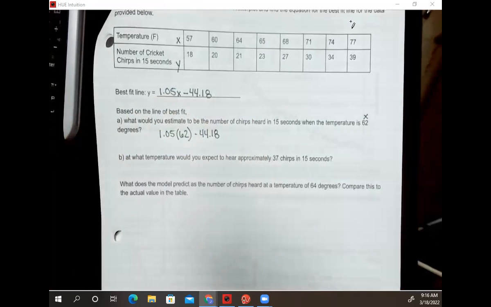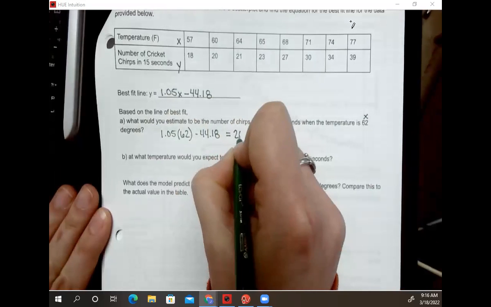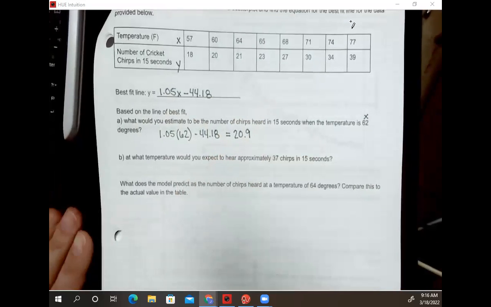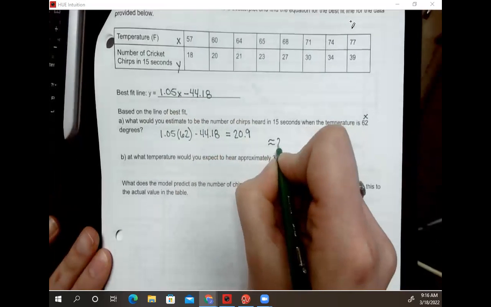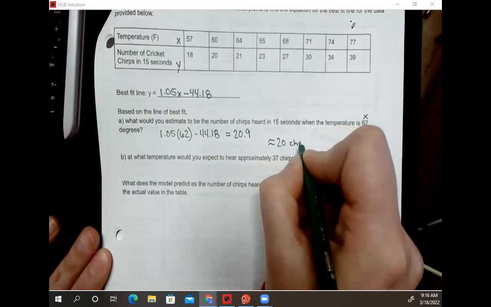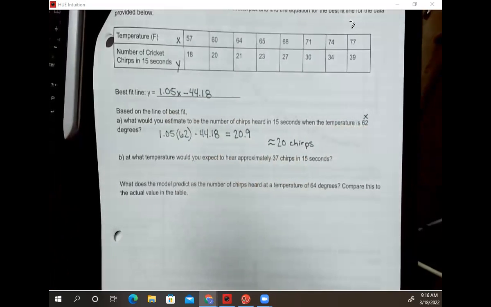And then you can type that in your calculator if you need to. We get 20.9. So we would expect about 20 chirps. We didn't quite get to that 21st chirp in time. So about 20 chirps here.